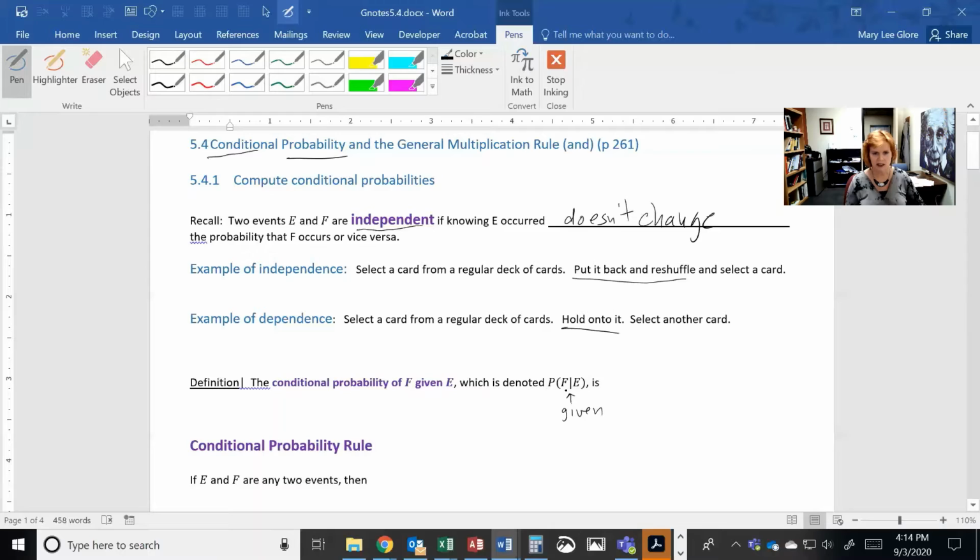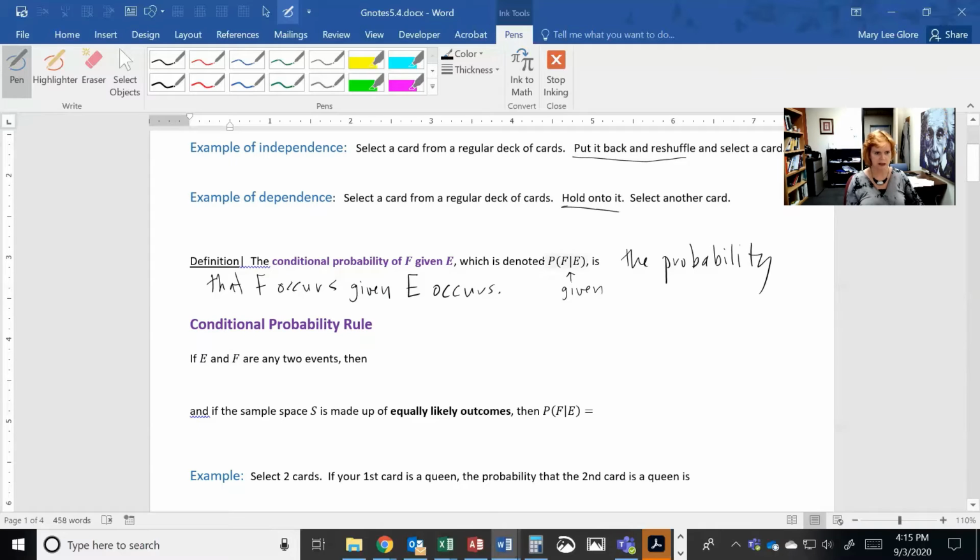So the probability of F given E is the probability that F occurs given that event E occurs. We already used this notation last time when I was talking about independence. So what is the conditional probability of F given E?